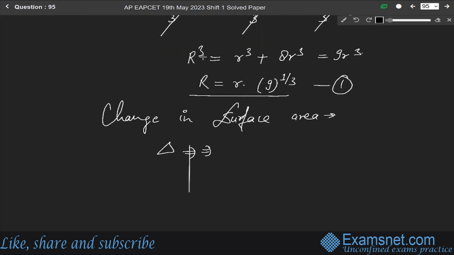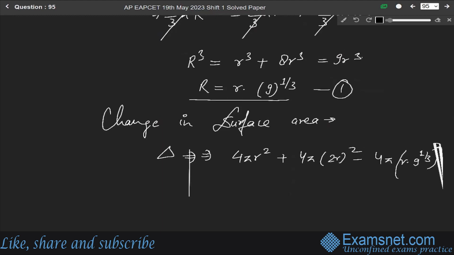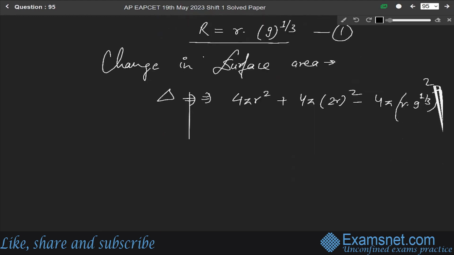So it will be equal to 4 pi r square plus 4 pi 2r square minus 4 pi into capital R square, and capital R is what? r into 9 to the power 1 by 3, whole square. Now solving it, we get 4 pi r square taking common, so 5 minus 4.326. So it will be equal to 2.7 pi r square.